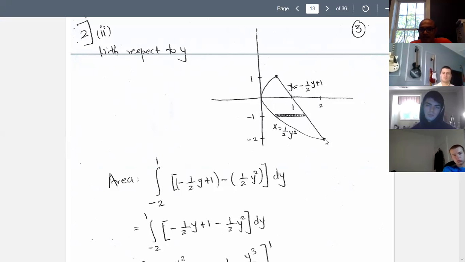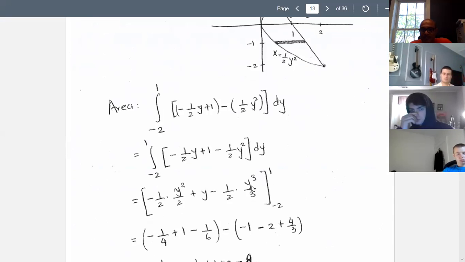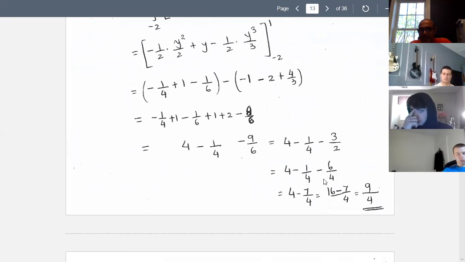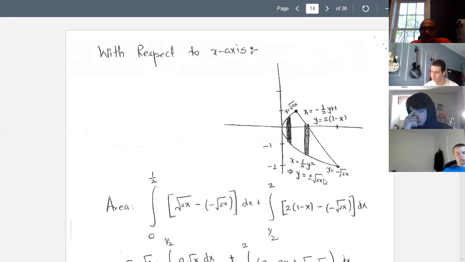So y runs from -2. Look at over here, -2 to 1, right? And we are moving from most right to most left. Right is this one, left is this one, and 9 by 4 is the answer.